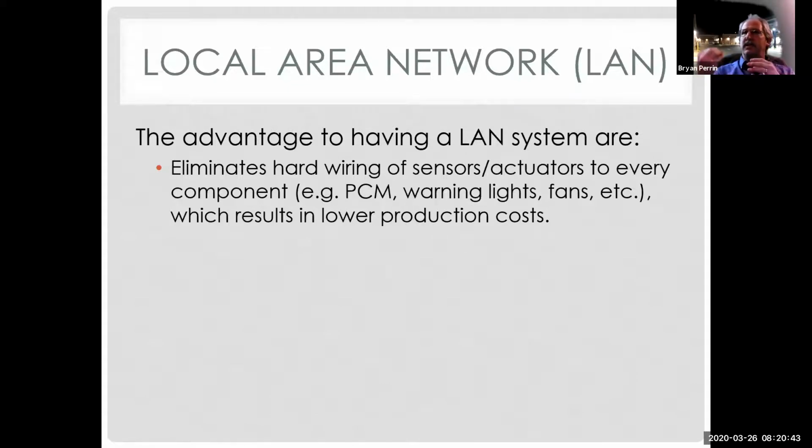That module is attached to my sending unit, gets the signal, and puts it on the network. Who needs to know that information? The engine control module might, and the instrument cluster needs to know it. Anyone who needs it gets that information. They don't all need to be wired to the sensor. So I can run a much shorter wire to the closest module on that network and get the information out very quickly, just as quickly as if it was going to the same module.